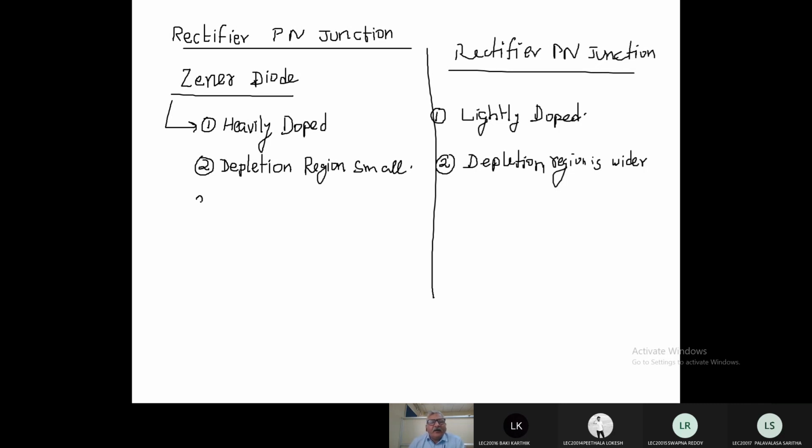Now, another thing is that the Zener diode experiences Zener breakdown, and the rectifier diode experiences avalanche breakdown.